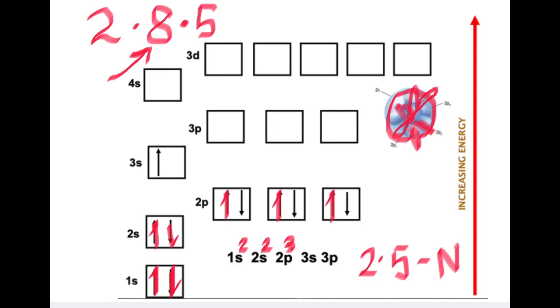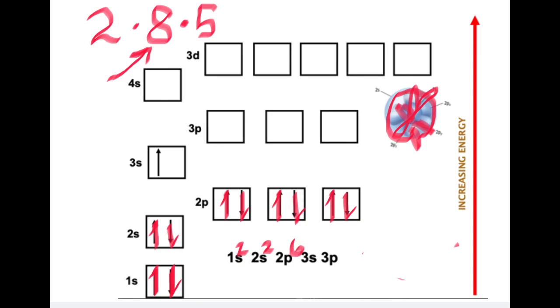They have to all go in separate boxes and all point in the same direction. But we're not doing nitrogen. So let's erase this. And now let's continue to put in the electrons with opposite spins to fill this p level. So we have now 1s2, 2s2, 2p6, but that takes care of the 8 in the second shell.